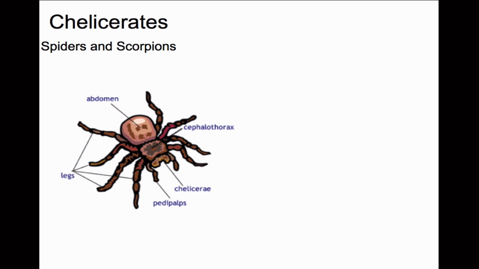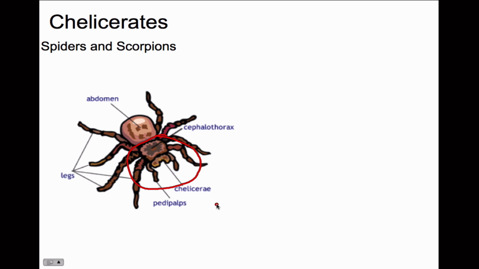So the chelicerates are the spiders and the scorpions, and chelicerates, especially the spiders, they have 2 segments. So they have what we call a cephalothorax, which means their head and thorax are fused, and so that would be one segment. And then they have an abdomen that is the other segment.